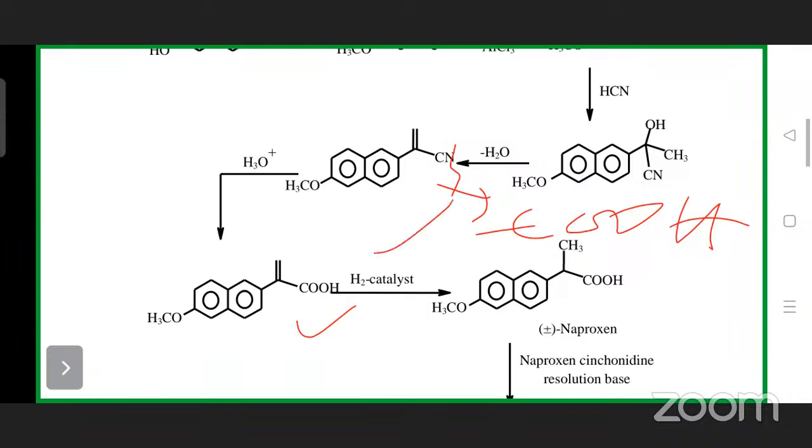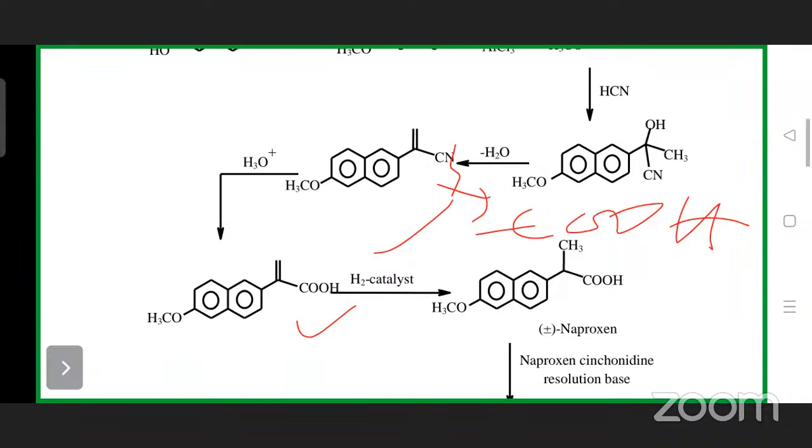Then upon doing the hydrolysis, this cyanide group is converted into carboxylic acid, right? So we get this. Then upon doing the hydrogenation reaction, H2 with a catalyst, so a palladium catalyst, you can use any catalyst, palladium or nickel, or the Wilkinson catalyst reaction also.